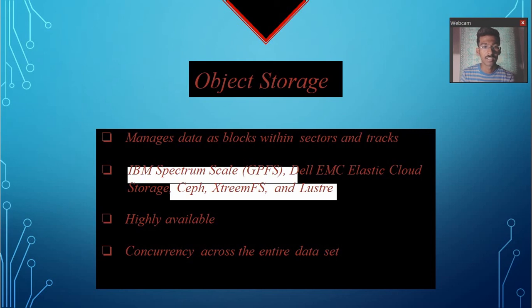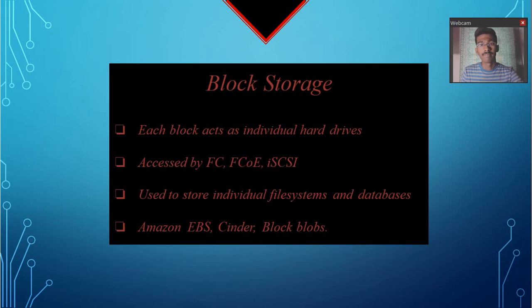In object storage, it manages data as blocks within a sector and tracks, like IBM Spectrum Scale and Dell. It's highly available, and concurrency is across the entire data set. In block storage, each block acts as an individual hard drive, accessed by FC, FCoE, and iSCSI, used to store individual file systems and databases.